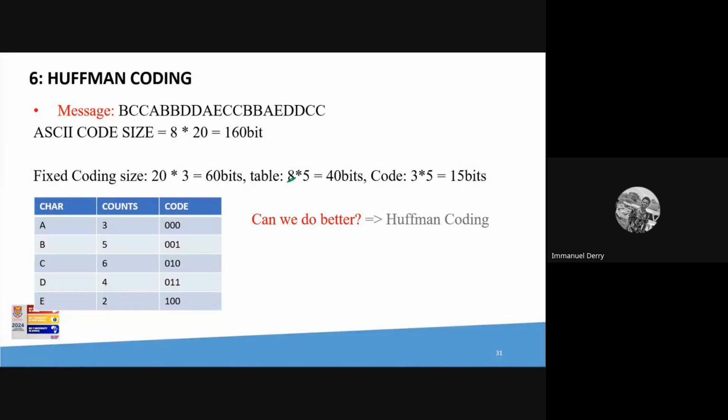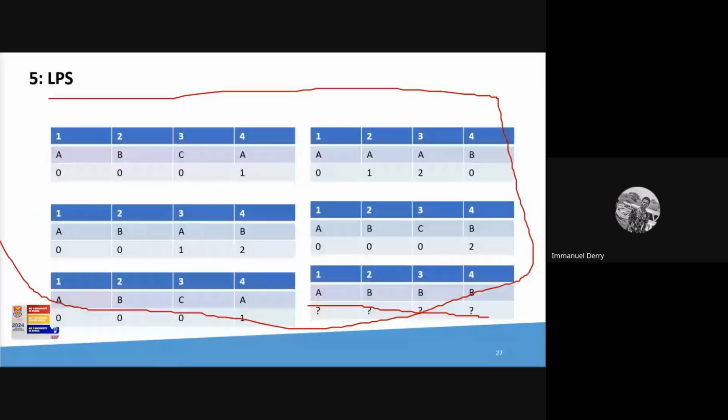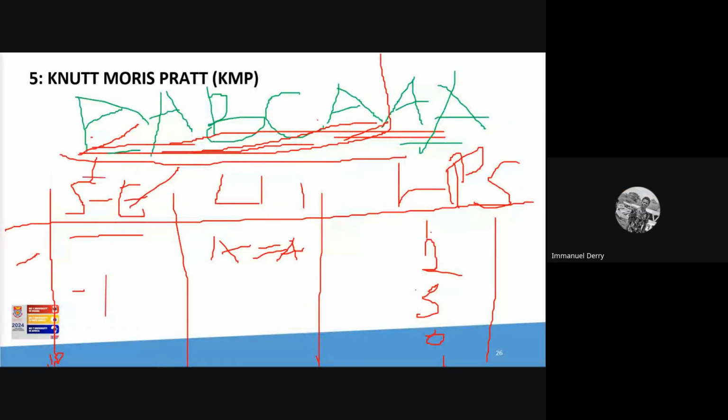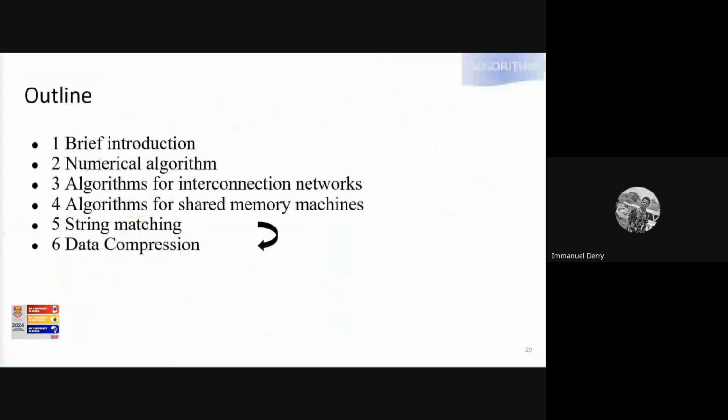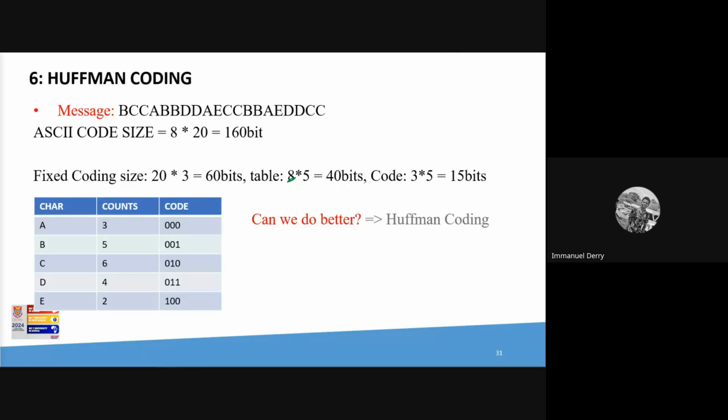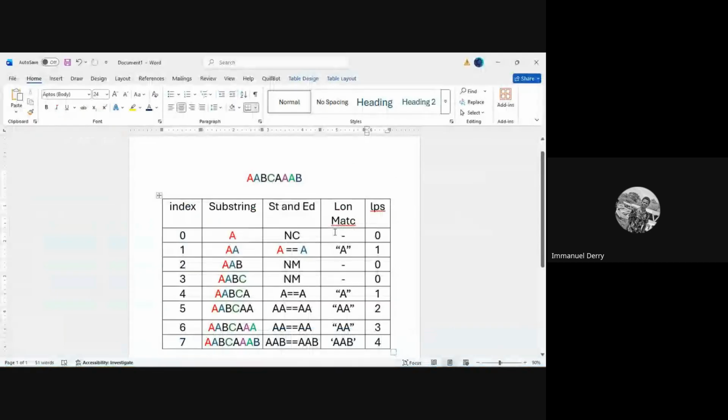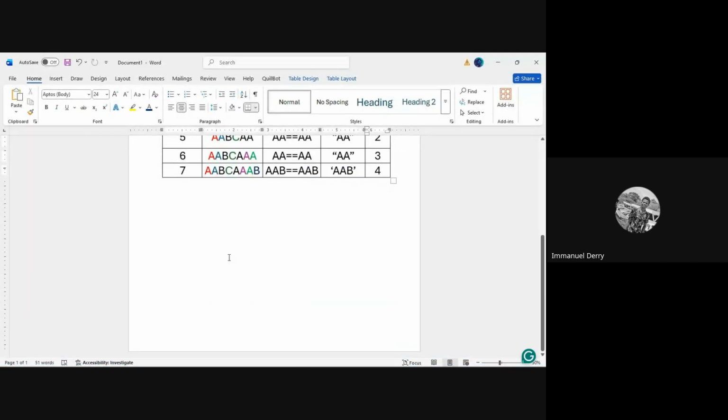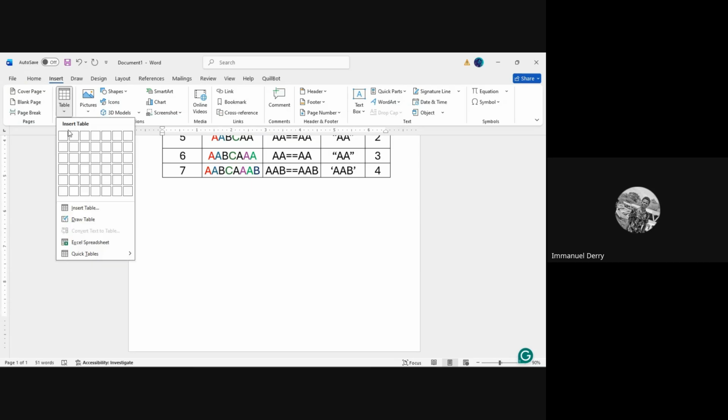Let me use a different tool so that you can understand it clearly. Let me list the frequencies. Please, I'm doing it once and for all.